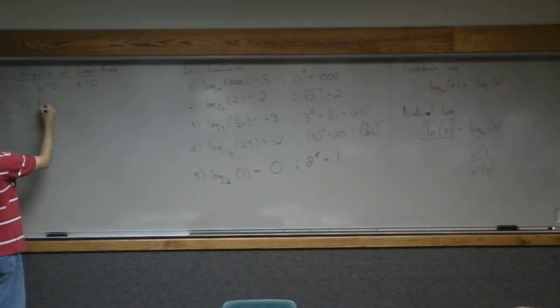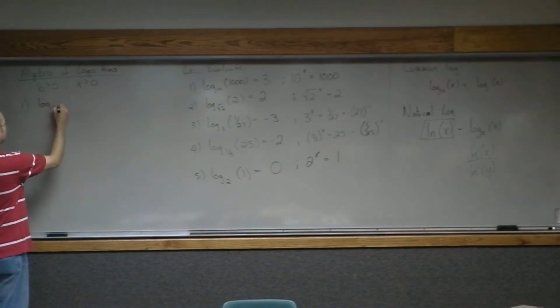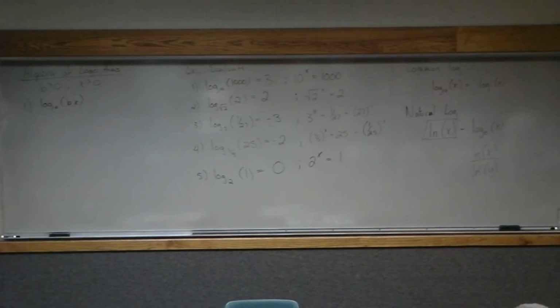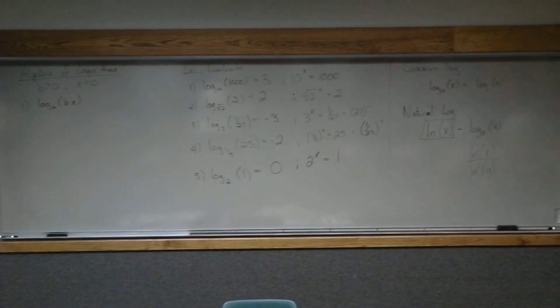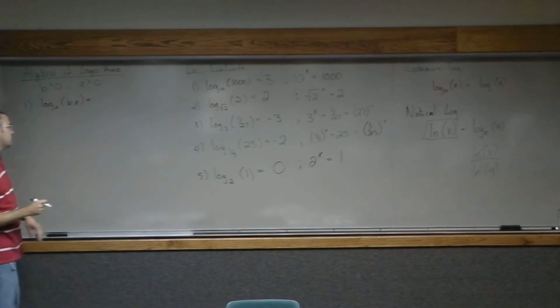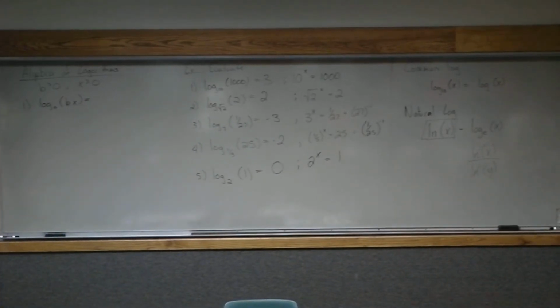And the first one says, suppose we have the log of b times x. Whenever we take products, whenever we're multiplying things inside of logarithms, logarithms work in a nice way that allows us to rewrite this as a different rule.